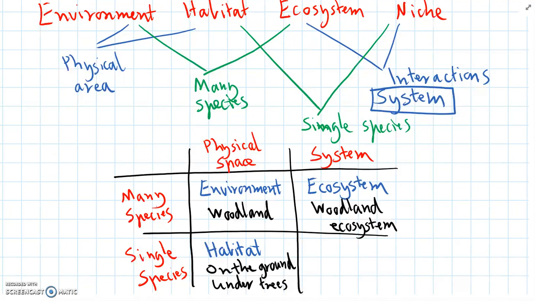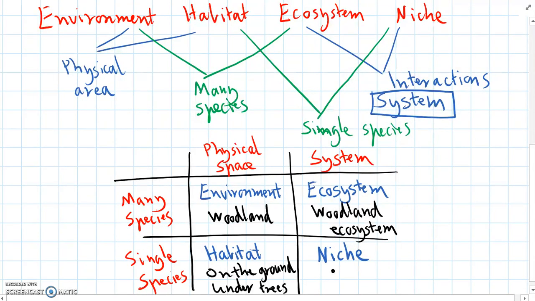And finally, if we're talking about how does that one species interact in its ecosystem, that's the niche. So for the echidna, its niche is where it lives in its habitat. So it lives on the ground, and also what it eats, which are insects, and that it has spines for protection from predators, as well as the environment that it lives in, which is a woodland.